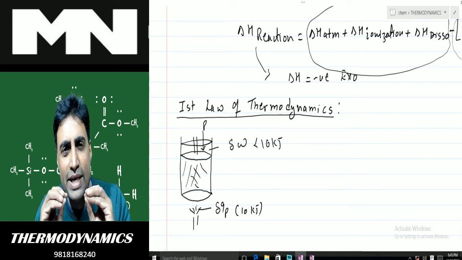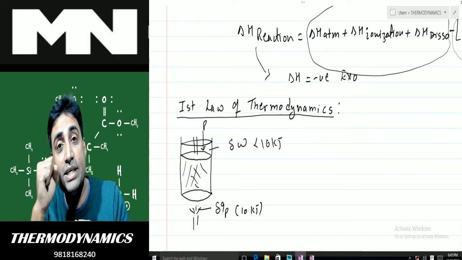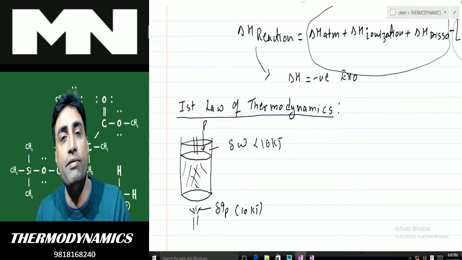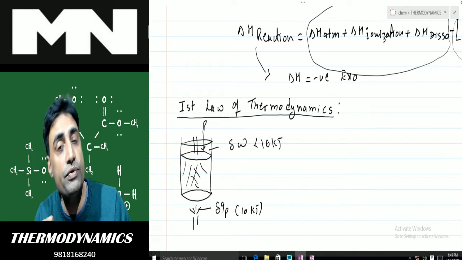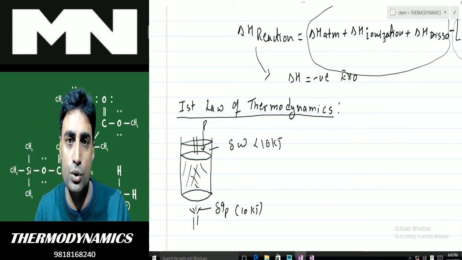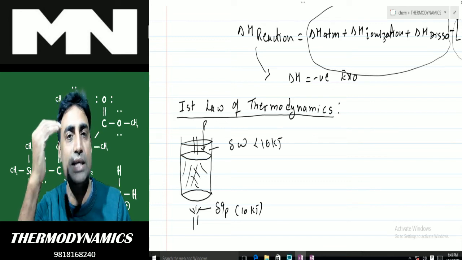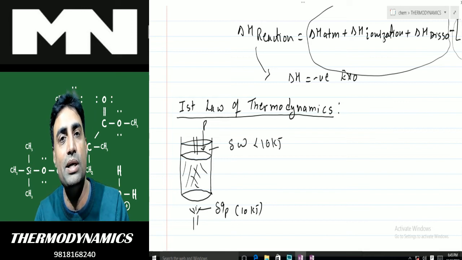So when I supply energy, they will absorb it. They will increase their kinetic energy from 6 to 10. That means they will absorb 4 kilojoule of energy. After that, they will do the work of 6 kilojoule. So when I have supplied 10 kilojoule of energy, the work done is say 6 kilojoule. The 4 kilojoule energy is used to increase their internal energy.